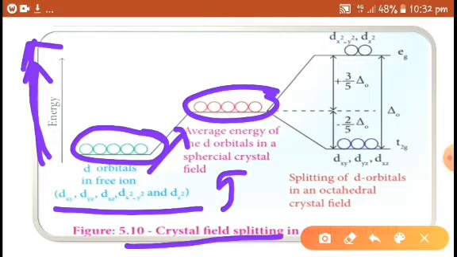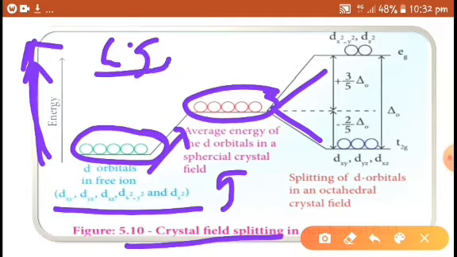In the second step, because of the electric field, these orbitals will be split on the basis of the approach of the ligands.